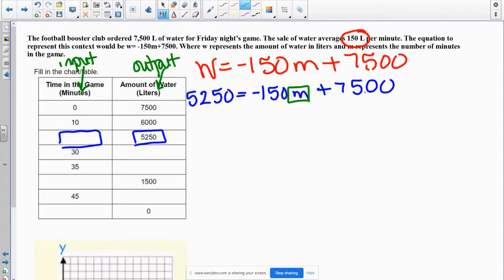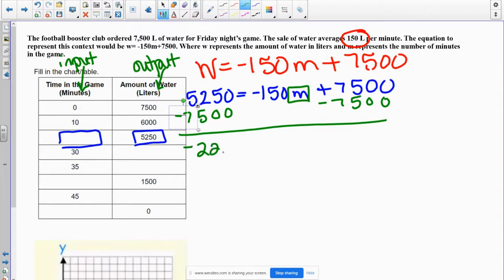So since this is adding 7,500, we're going to subtract 7,500 from both sides. Put that in your calculator. And I get negative 2,250. That's going to still equal the negative 150 minutes.